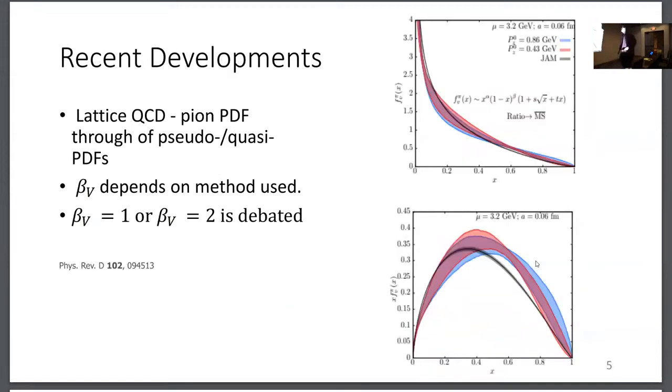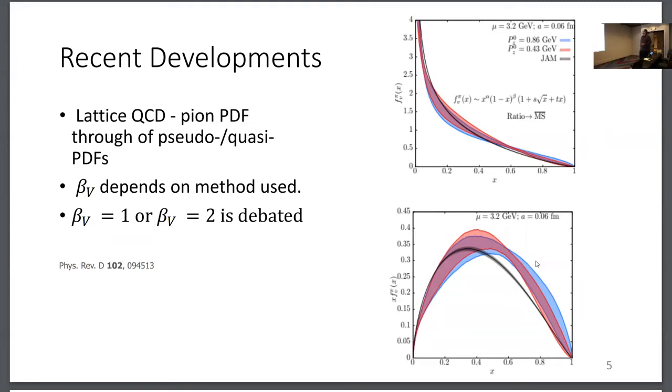Okay. So for lattice QCD, they got the pion PDF through pseudo and quasi PDFs, and beta V depends on the method they use.